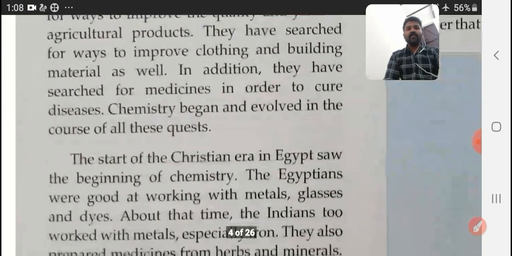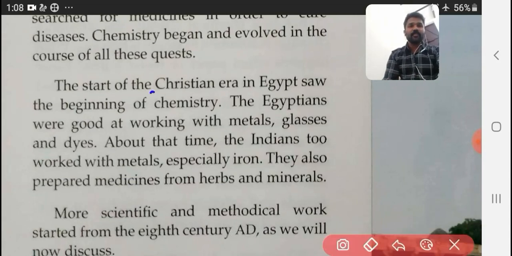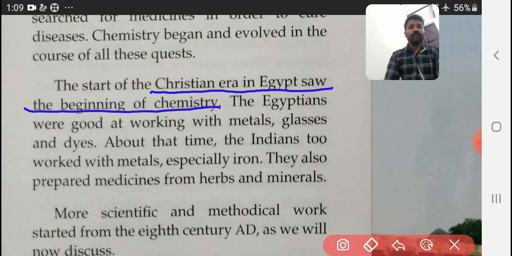The start of the Christian era in Egypt saw the beginning of chemistry. Please underline it. The Egyptians were good at working with metals, glasses and dyes.